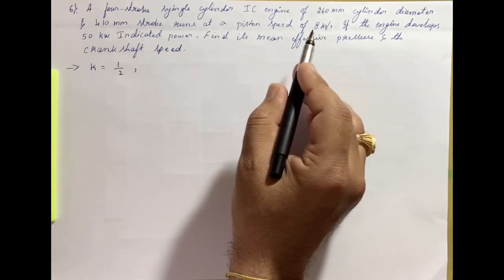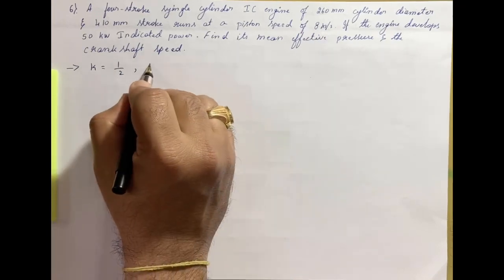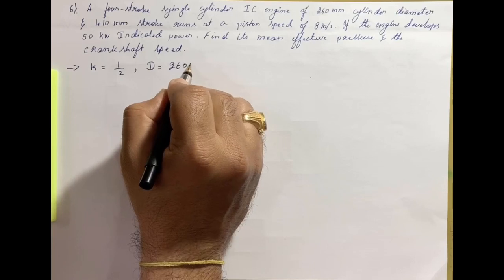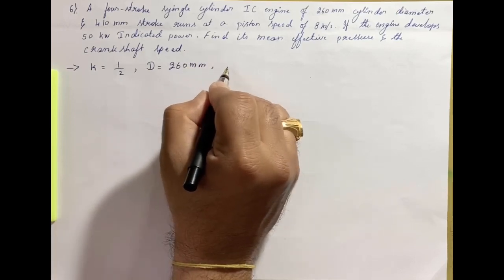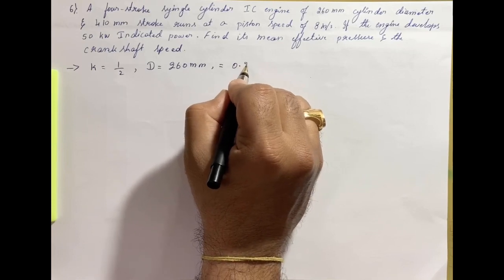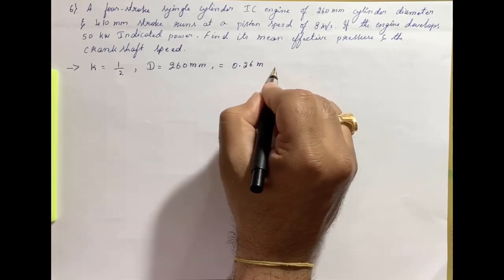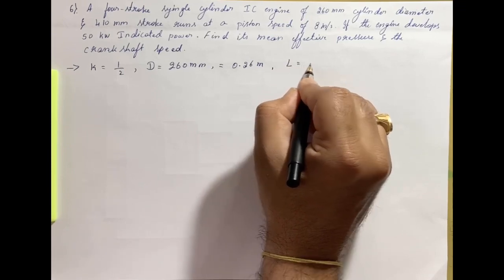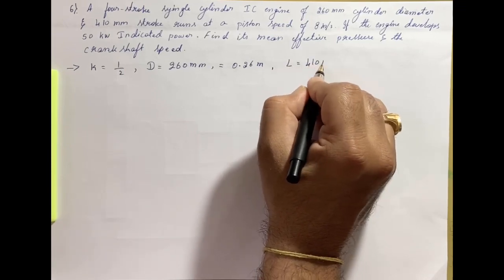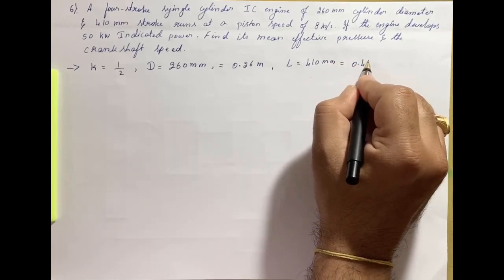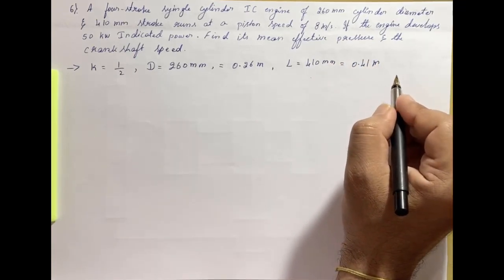The cylinder diameter capital D is equal to 260 mm, that is 0.26 meter, and stroke length L is equal to 410 mm, that is 0.41 meter.